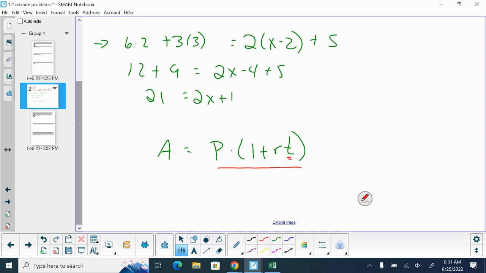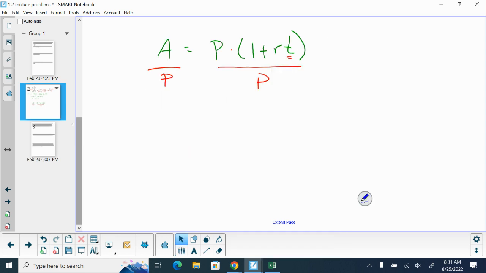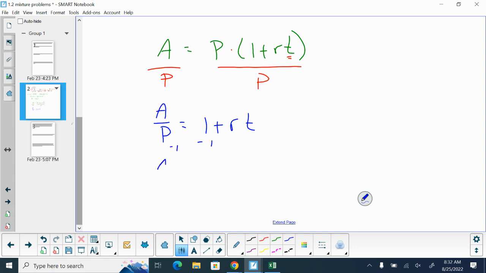So we can eliminate our multiplication by p by dividing by p. There's once again a couple ways to do this one. So we have a divided by p is equal to 1 plus rt. We can subtract our 1 from both sides. So we have a divided by p minus 1 is equal to rt.